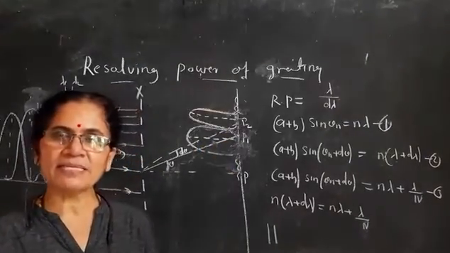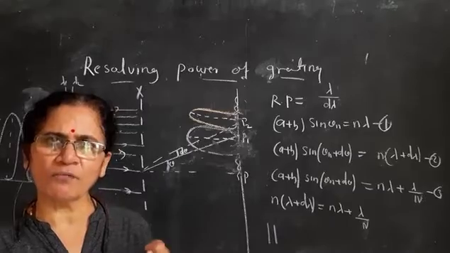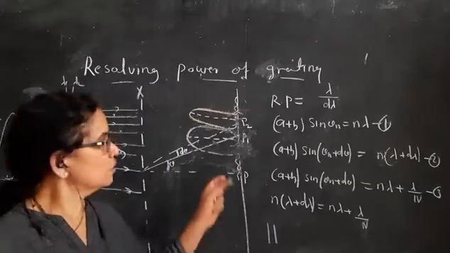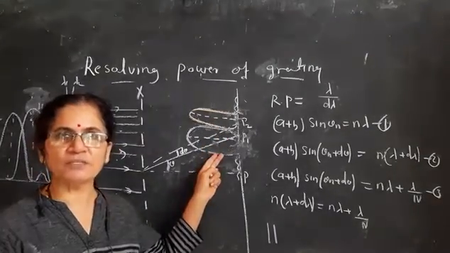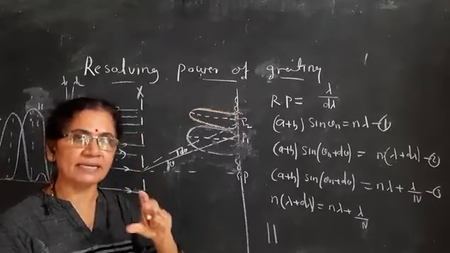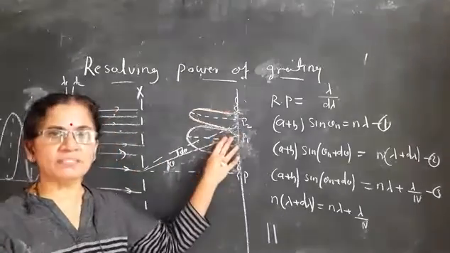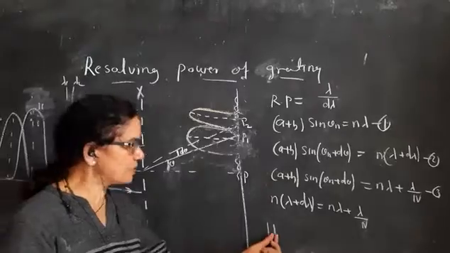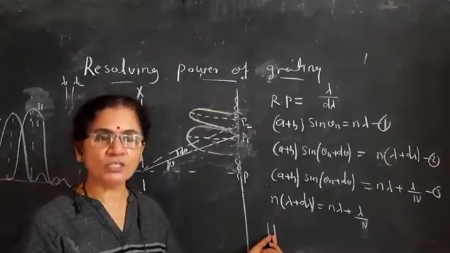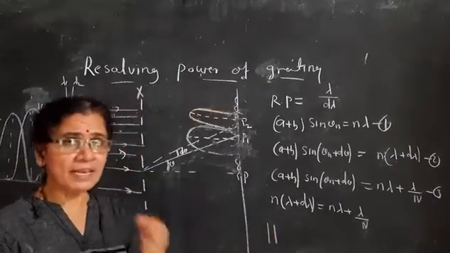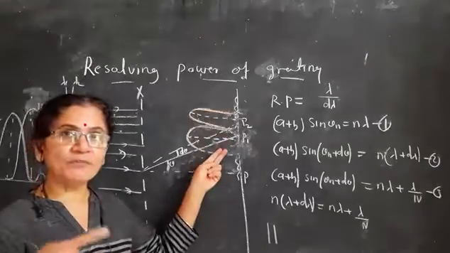So vice versa, the maxima of one coincides with the minima of the other. Then you say that Rayleigh's criteria of resolution is satisfied. In that case, when you are observing the images, you will get two spectral lines which are very close together. This is possible in the case of diffraction.